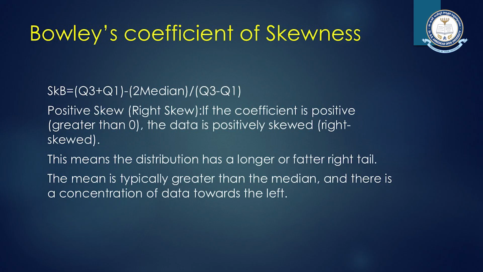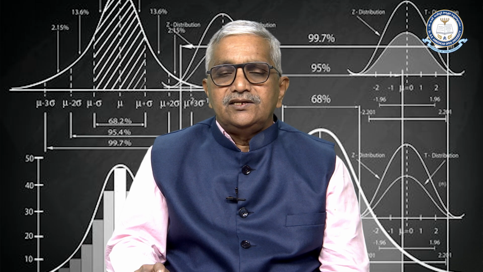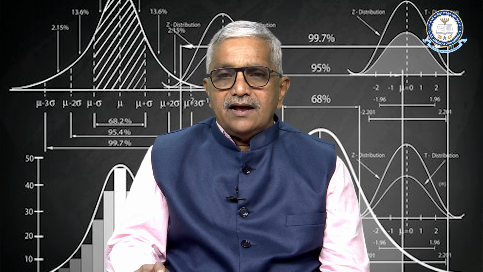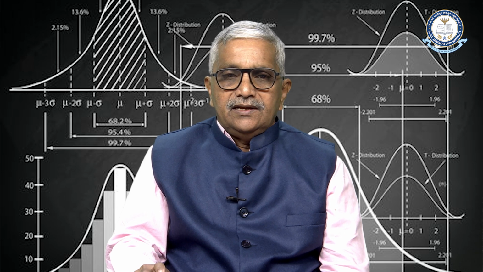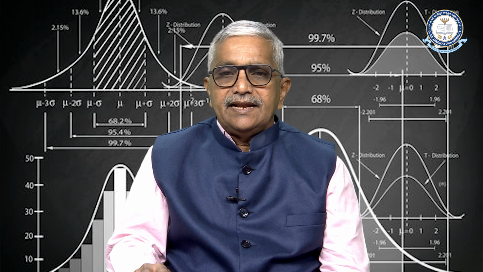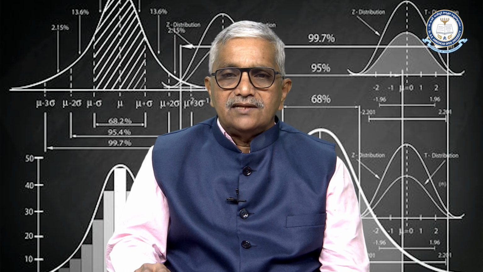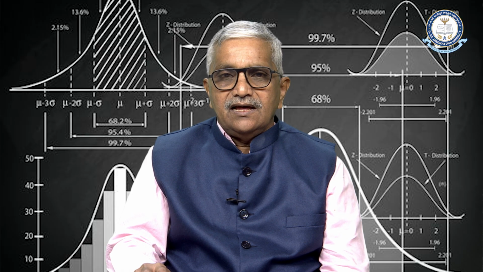When it is greater than 0 and positive, we say that the distribution is positively skewed or right skewed. In other words, the distribution has a longer or fatter right tail. The mean is typically greater than median, and there is a concentration of data towards the left.